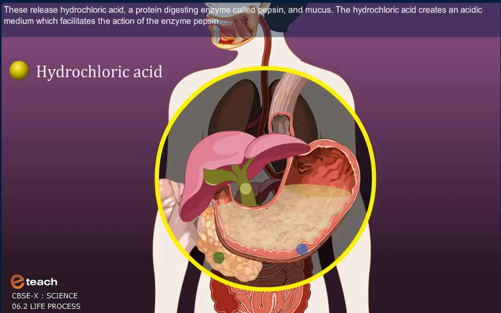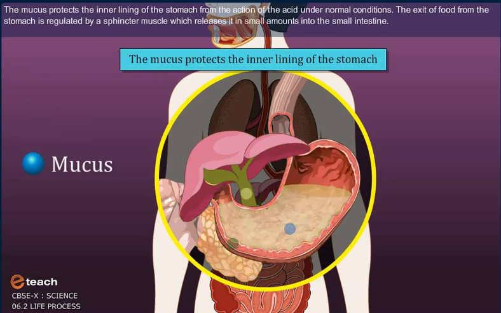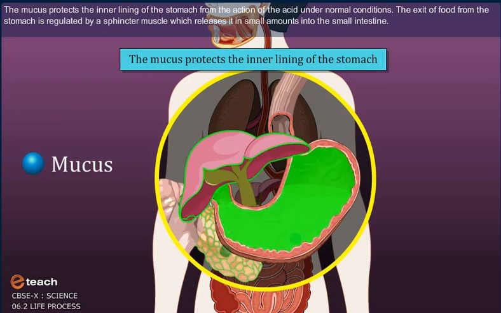These release hydrochloric acid, a protein digesting enzyme called pepsin, and mucus. The hydrochloric acid creates an acidic medium which facilitates the action of the enzyme pepsin. The mucus protects the inner lining of the stomach from the action of the acid under normal conditions.